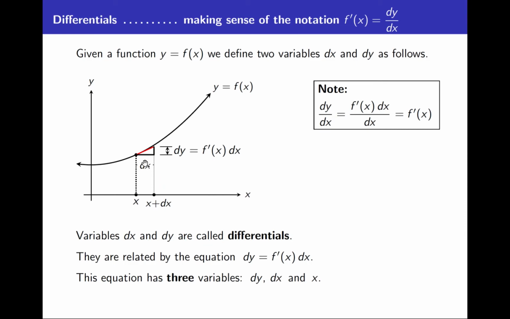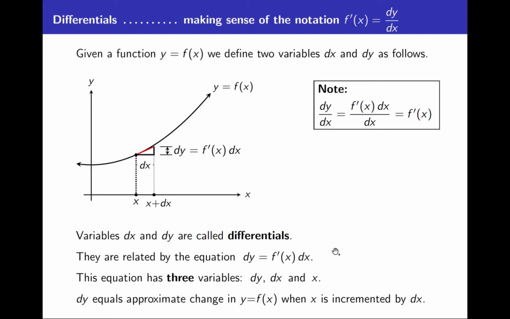As I said, we usually interpret dx as being small, so this triangle is small. And the reason we do that is that there's an interpretation that we get for small values of dx. If dx is small, think about dy. It equals the approximate change in the function y equals f of x when x is incremented by dx.